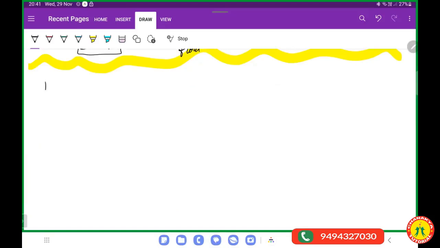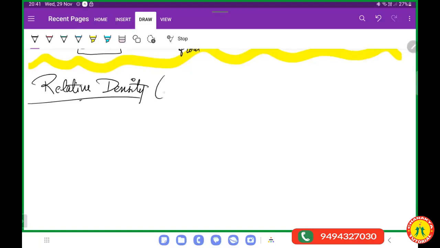Okay. Next is your relative density. This is another important term after buoyancy. Now, relative density or specific gravity. They sometimes use the term specific gravity. Whatever they use, the meaning is the same.